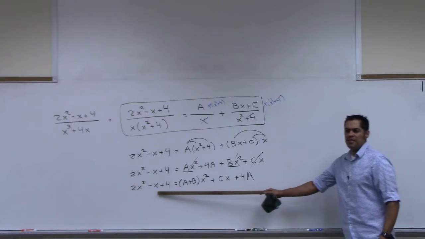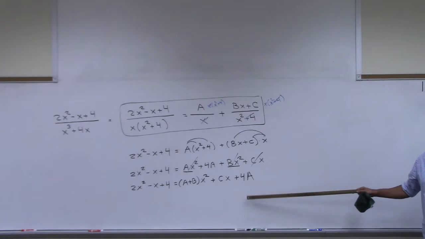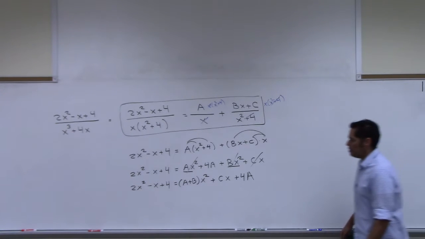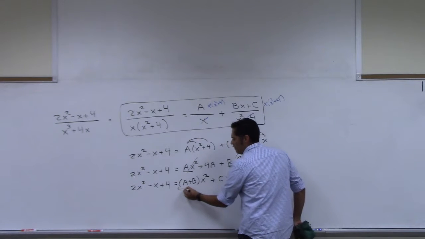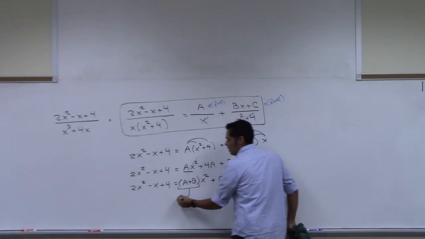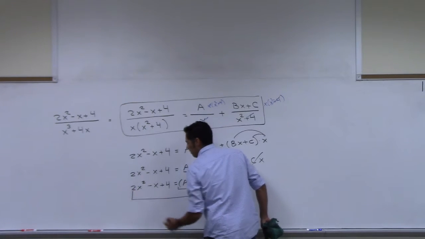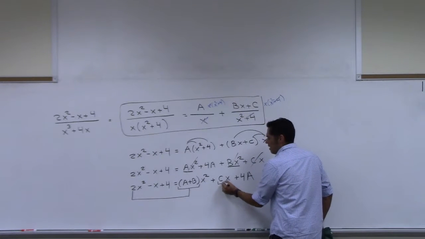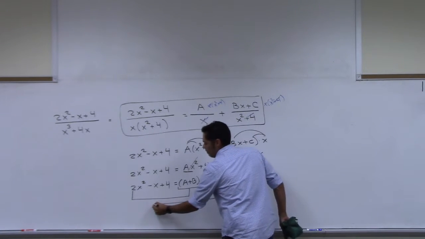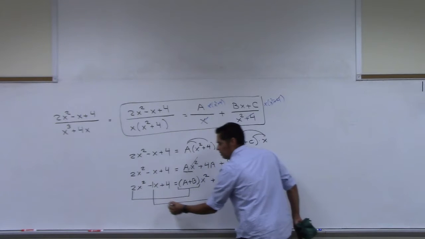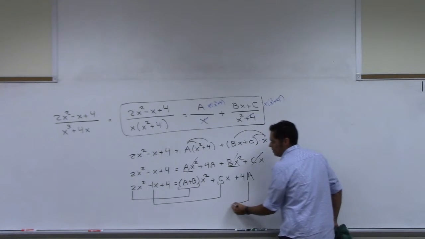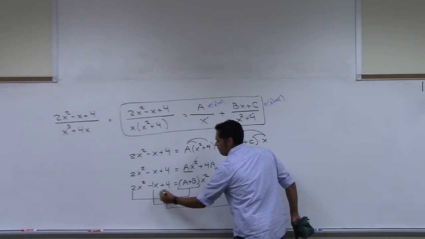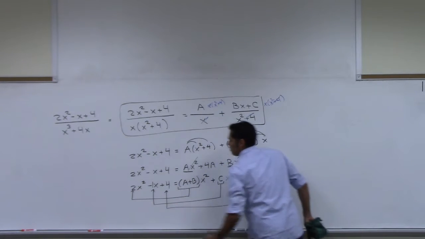So this side needs to match this side. So this is where we match up the coefficients. So we say that the number in front of x squared here, A plus B, must be equal to 2. The C has to be what? -1. And 4A has to be 4. So let me write that down.